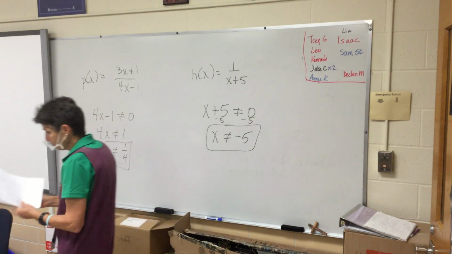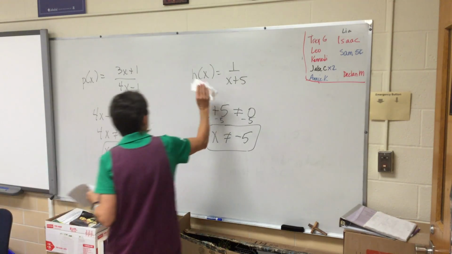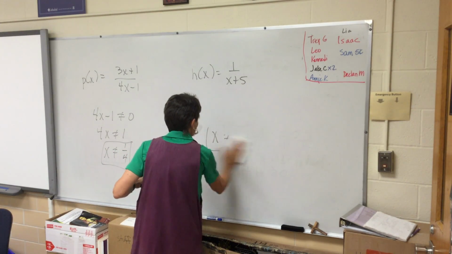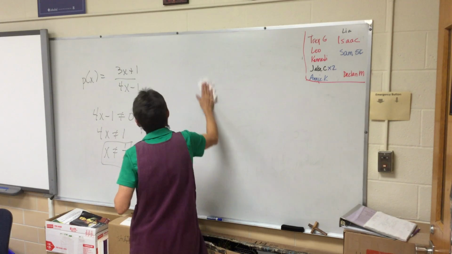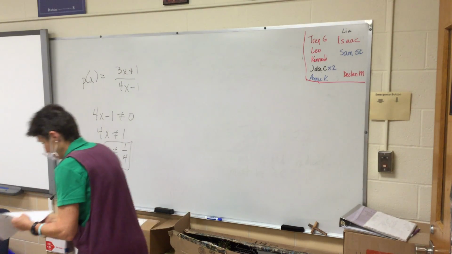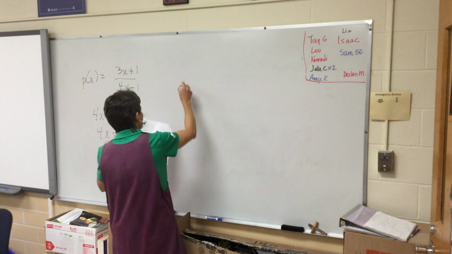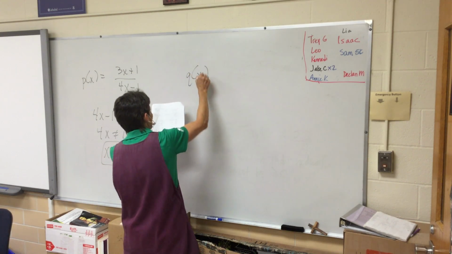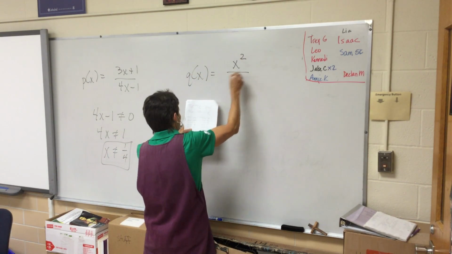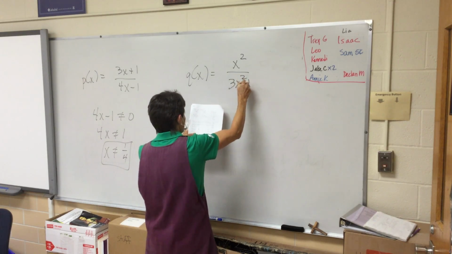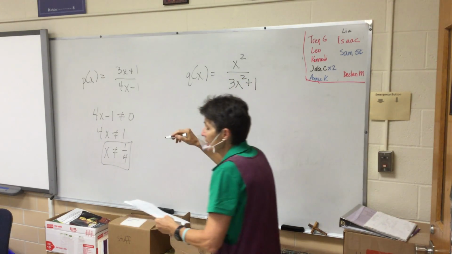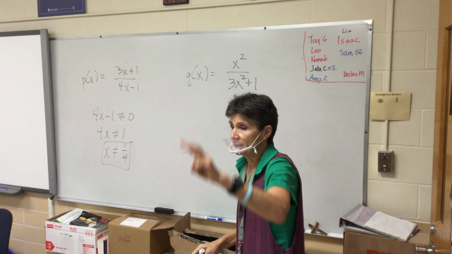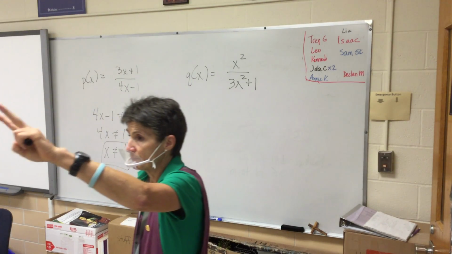E is a tricky problem. Let's see what's tricky about it. Do you subtract the numerator with your step? If we're doing domain, we don't do anything with the numerator. If we are doing domain, and that's what this question is, it says find the domain. My beady little eyes look for two things.